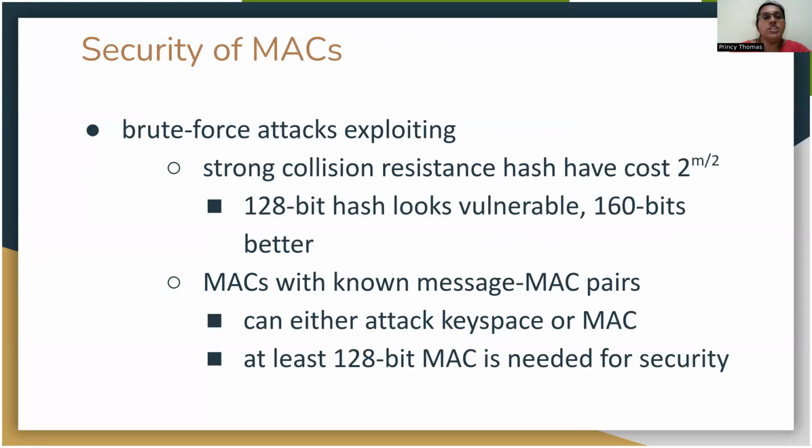Now we are going to look at the different security exploits possible with MACs. One possibility is brute force attacks. A strong collision resistance hash has a cost of 2 raised to m divided by 2, where m is the size of the hash.